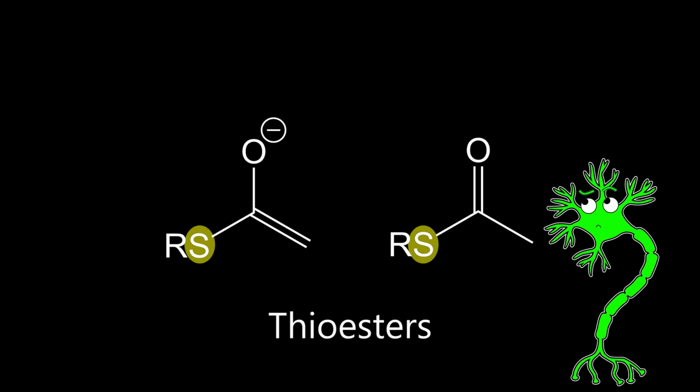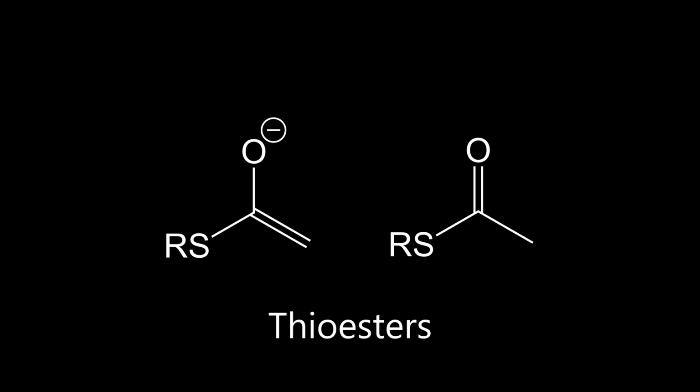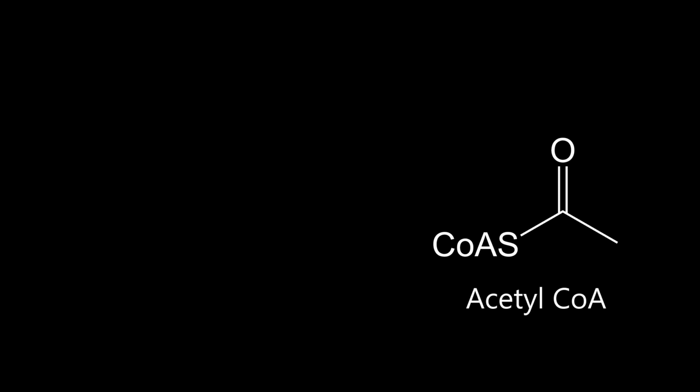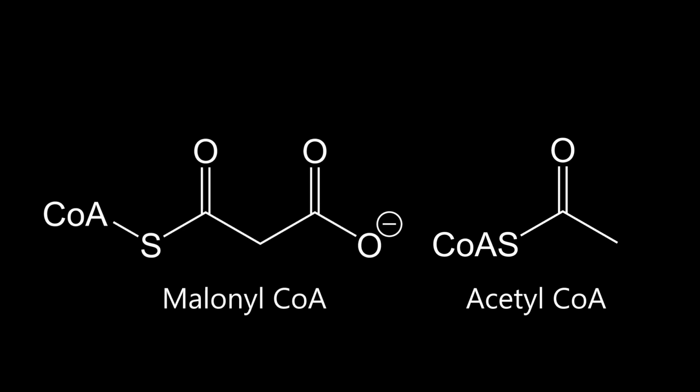And the reason for this is because thioesters are simply more electrophilic due to less resonance stabilization and less orbital overlap. Specifically, for its 2 carbon starting unit, nature uses a particular thioester called acetyl-CoA. And for the 3 carbon molecules that eventually become enolates, nature uses thioesters called malonyl-CoA.